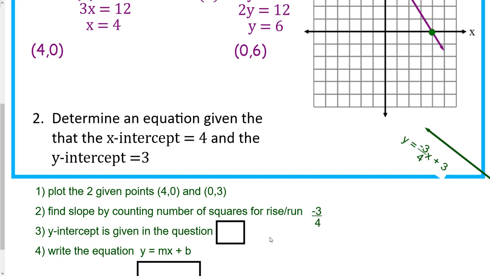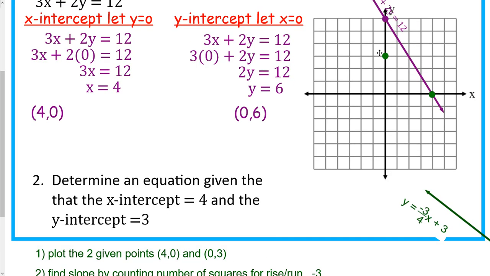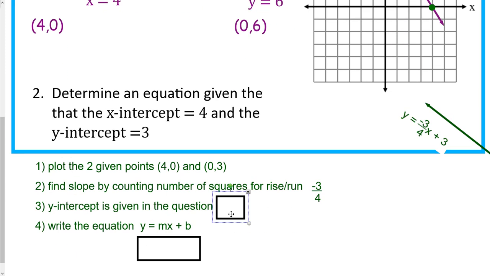The y-intercept is our dot on the y-axis, and that's going to be at 0, 3. Okay, so now you can write your equation. So replace your m with our slope, -3 over 4, and then replace your b with number 3 because that was our y-intercept.